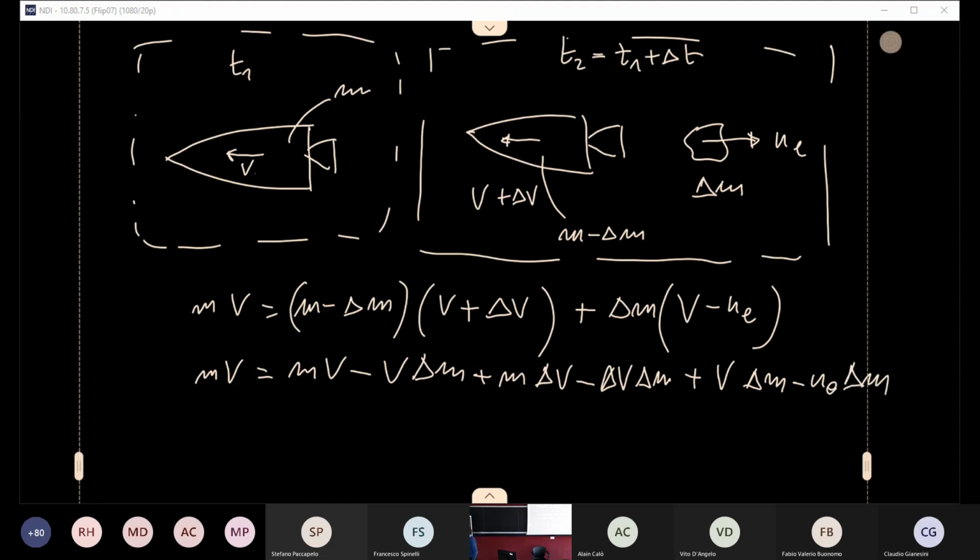You can see that this cancels with this, and that these two terms are equal. If we consider small masses, dv dm is just a second order term. So we have that m delta v is equal to ue delta m.